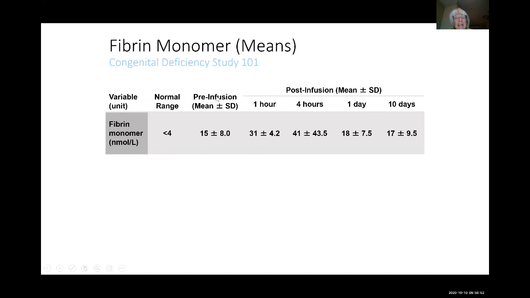This person had elevated fibrin monomer before the infusion, but after getting fibrinogen, it quickly went up and stayed up for the full 10 days. So this does show that it's not the fibrinogen per se, in my belief, that causes excessive clotting in patients with afibrinogenemia treated with fibrinogen, but it's part of the disorder itself that's not 100% corrected by the treatment.